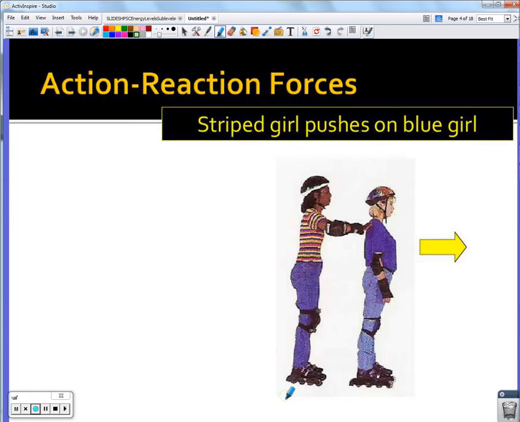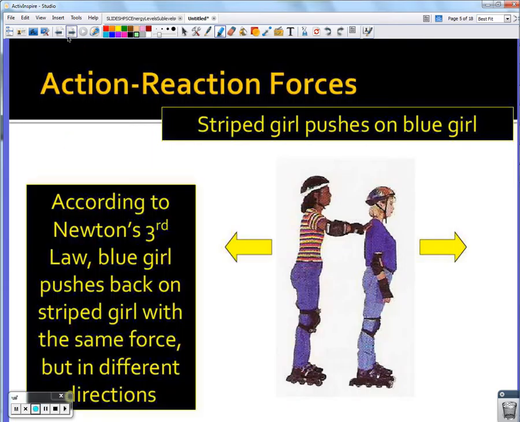That being said, now that we got that out of the way, striped girl pushes on blue girl, gives her a shove. If you've ever been ice skating or roller skating and encountered a situation like this, you may know what's going to happen. Even though striped girl pushed on blue girl, Newton's third law says that blue girl has to push back on striped girl with exactly the same force but in opposite directions.